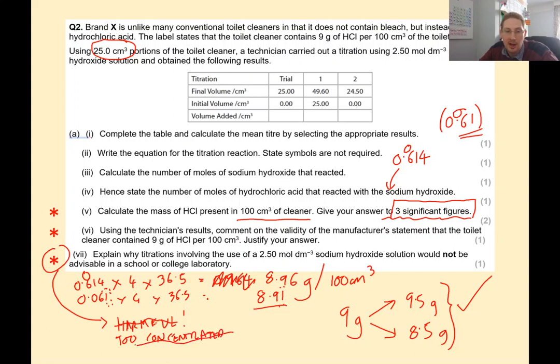A fair few people still think that acids are toxic. They're not toxic to the body, but what they are, acids and alkalis, they're not toxic, they are corrosive. So the solution is very, very corrosive, and that is why strong acids and alkalis should not be used in the school or college laboratory.